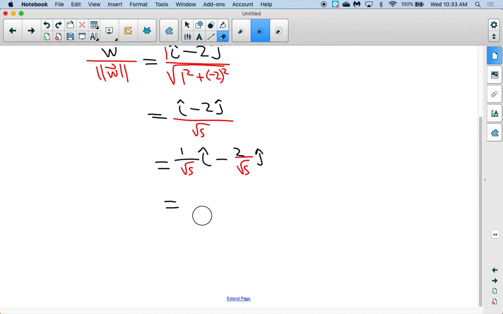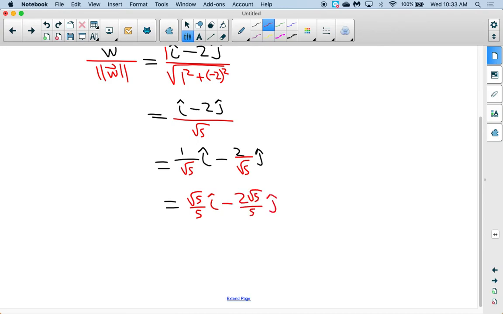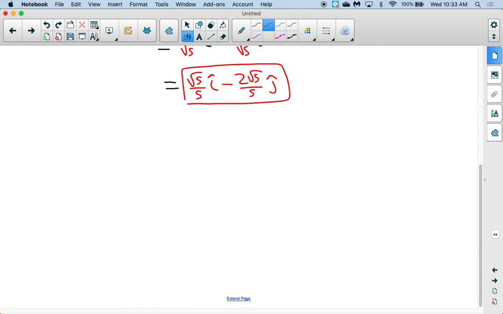Radical 5 over 5 I minus 2 radical 5 over 5 J. Okay. Now, he did want you to confirm that the magnitude of this vector was, in fact, 1. So let's do that. So the magnitude of radical 5 over 5 I minus 2 radical 5 over 5 J.